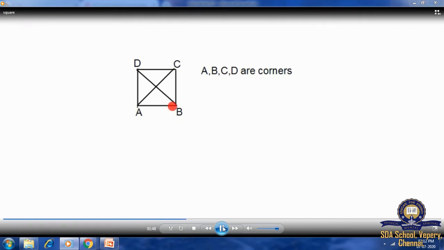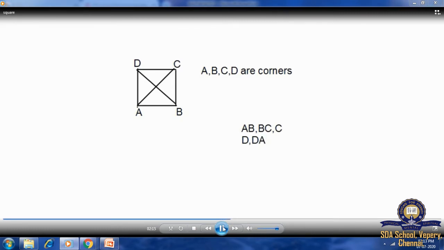Next there are sides. AB is one side, BC is another side, CD is another side and DA is the other side. So we are going to name the sides: AB, BC, CD and DA.